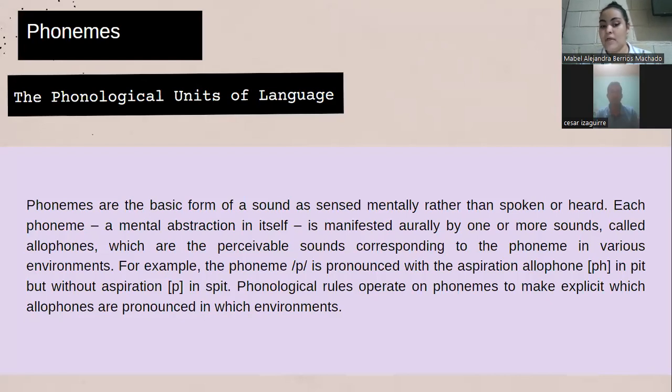For example, the phoneme P is pronounced with the aspirated allophone PH in pit, but without aspiration, P, in spit. Phonological rules operate on phonemes to make explicit which allophones are pronounced in which environments.